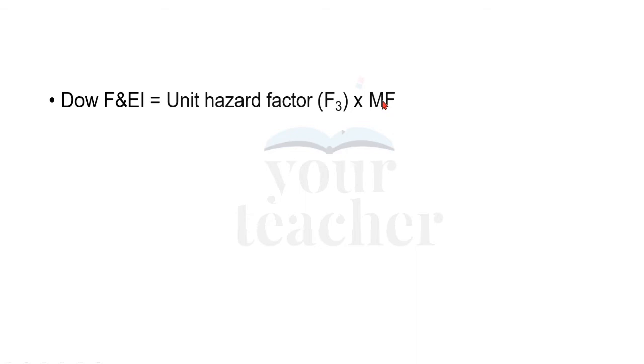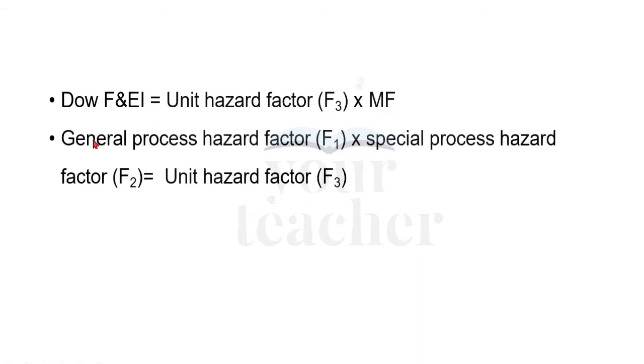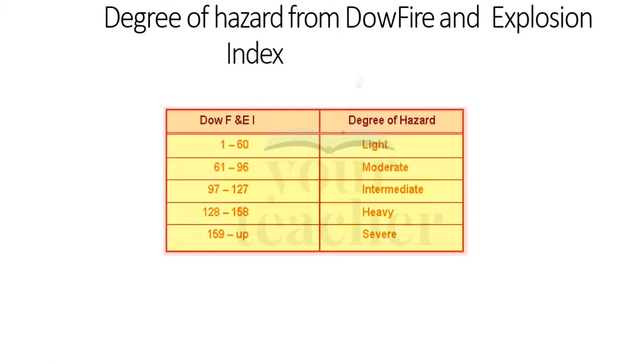The unit hazard factor is obtained by multiplying the general process hazard factor and the special process hazard factor.